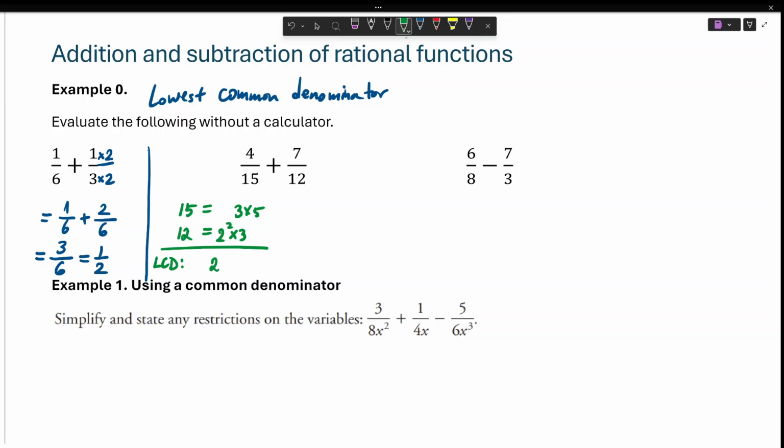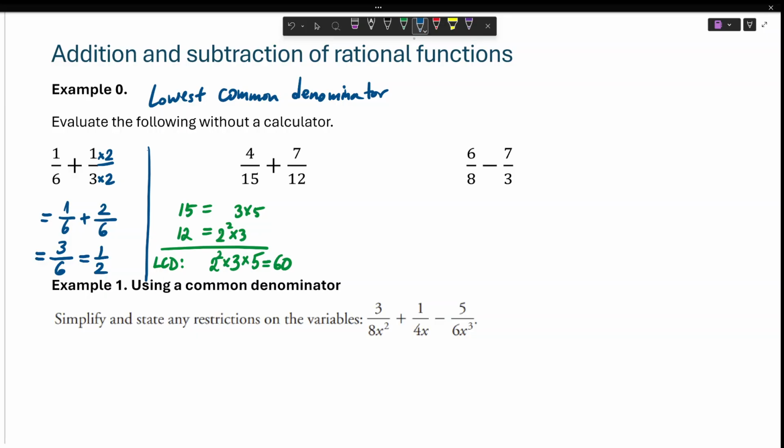So we're going to choose 2 squared. We're going to say it needs to have at least 1 3 in there to accommodate for both the 15 and the 12. And it needs to have a 5 in there because there's a 15. Okay. If you do this calculation, you end up with 60, which is the same thing as what we just said. Except it's a little bit more systematic, and this also works when you have variables.